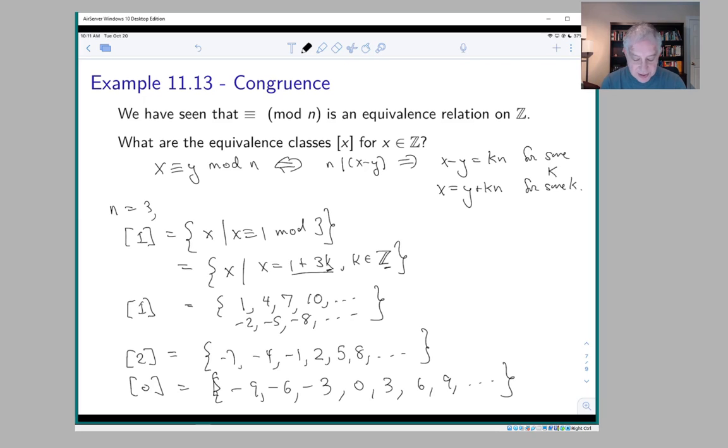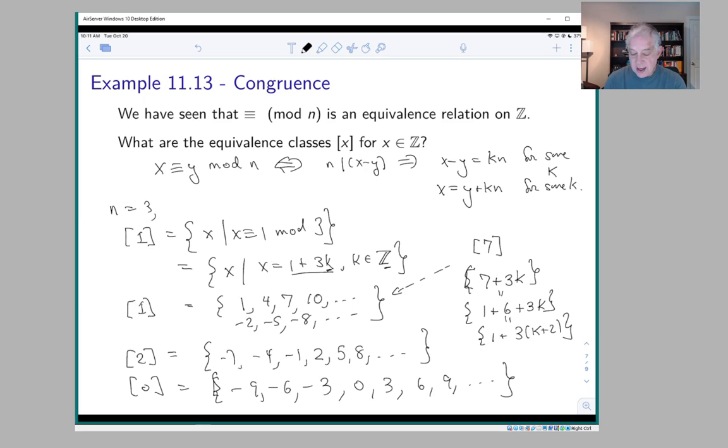For instance, if we took the equivalence class of 7 mod 3, it's going to be exactly the same as this one, because it's going to be everything of the form 7 plus 3k, but that's the same thing as the set of things of the form 1 plus 6 plus 3k, which is the set of things of the form 1 plus 3 times (k plus 2).